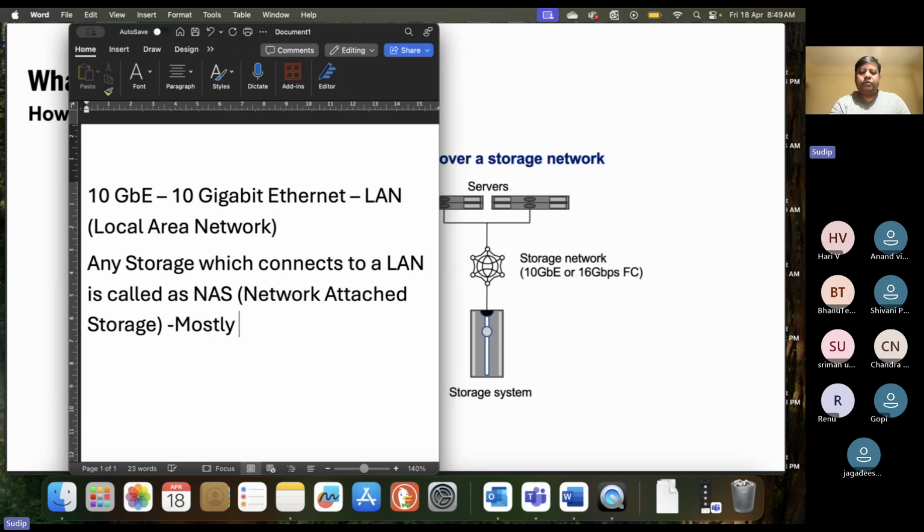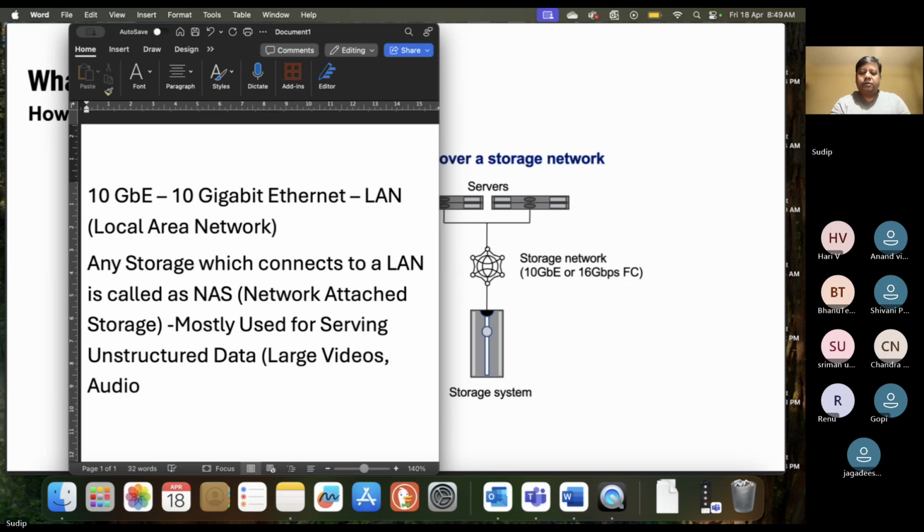It is mostly used for serving unstructured data, which means large videos, audio, big data, this kind of data. Clear? So this is about 10 gigabit Ethernet.